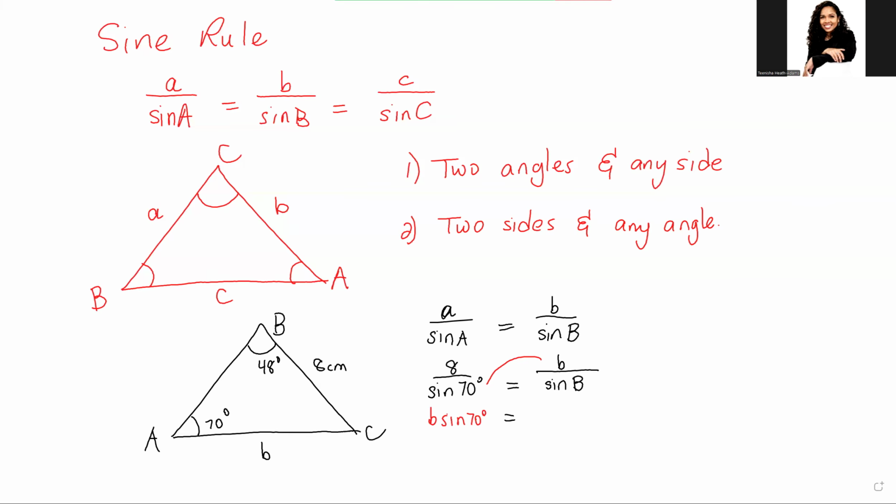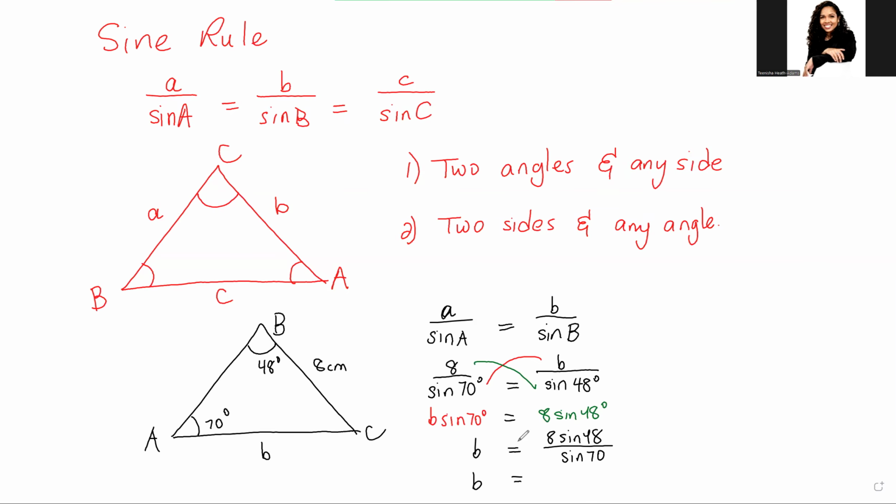I just realized I didn't put in sine 48, because 48 is angle B. And that would be equal to 8 times sine of 48 degrees. So if b times sine of 70 is equal to 8 times sine of 48, then b would be equal to 8 sine 48 divided by sine of 70.